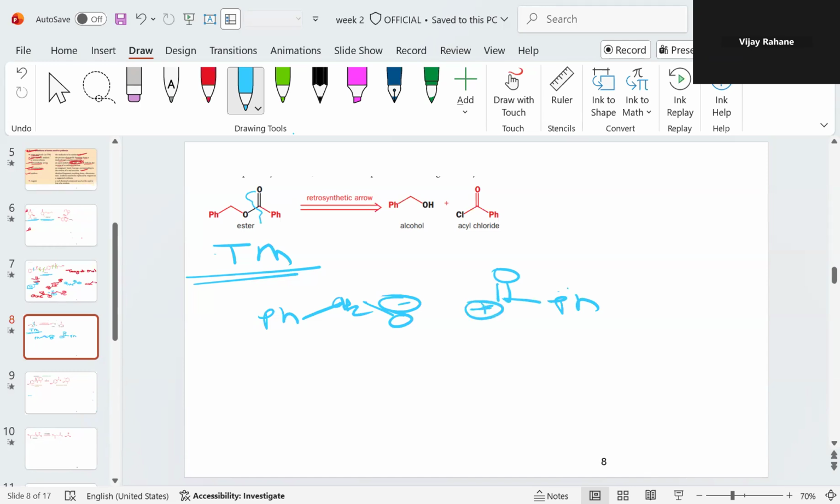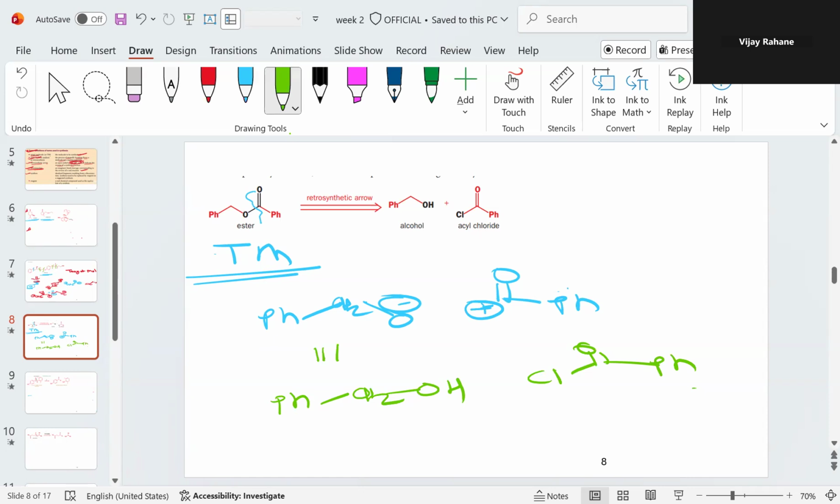So these two parts are formed upon disconnection, and this is the synthetic equivalent of PhCH2OH. So this is basically the alcohol, and another part can be achieved from either chloride, or we can also do with other possibilities, but we'll draw the simple possibility, let's say acyl chloride. So that's what is given here. So this can be derived from the acyl chloride.